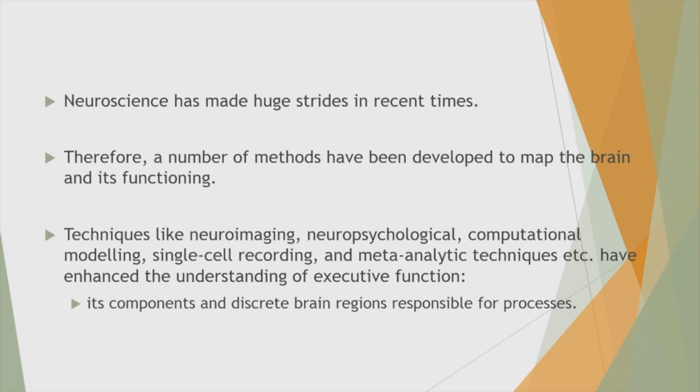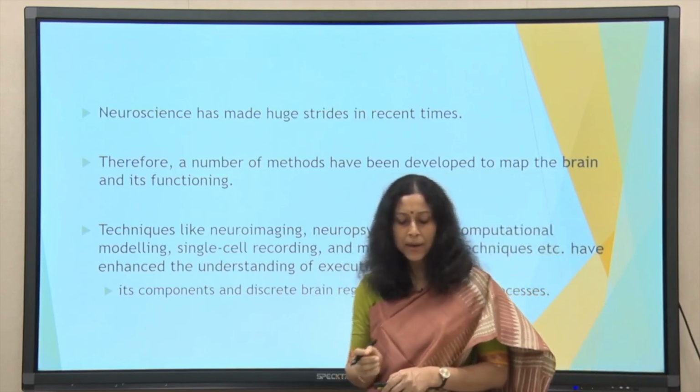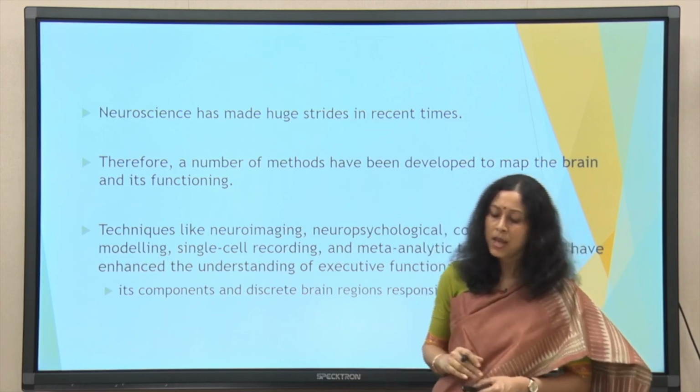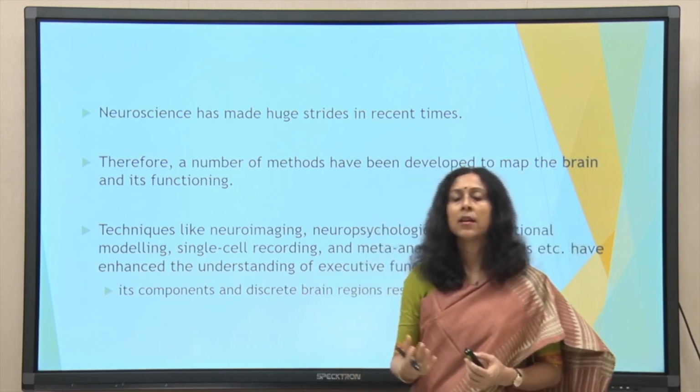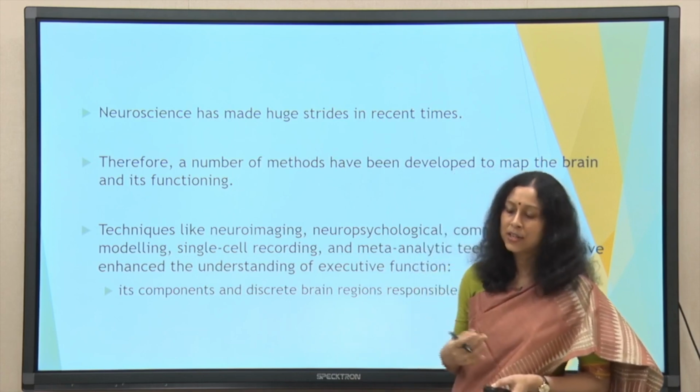Therefore, we now have a lot of different methods, very objective and very subtle methods, to look at how the brain really works in terms of various kinds of functions, even at the level of single cell recording. So, we have now been able to map the brain and its functioning even in terms of executive functions. As the brain is busy taking part in some kind of executive function task, we can actually map.